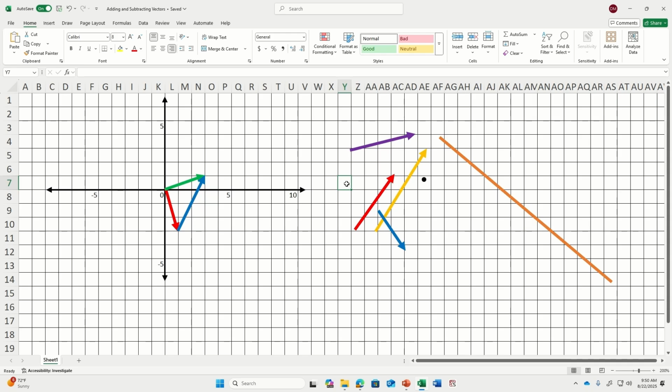If I want to subtract a vector, it's the same thing as multiplying the vector by a -1 scalar, and that points in the opposite direction. Does that make sense? Like, if I want to subtract the blue vector, that would be the same thing as adding this yellow vector. It's the same length as the blue vector, but it's just pointing in exactly the opposite direction.